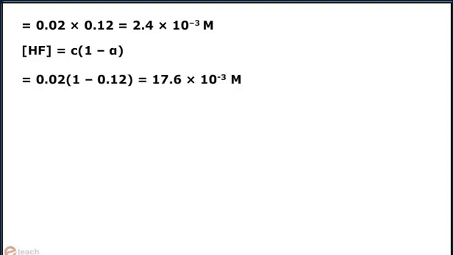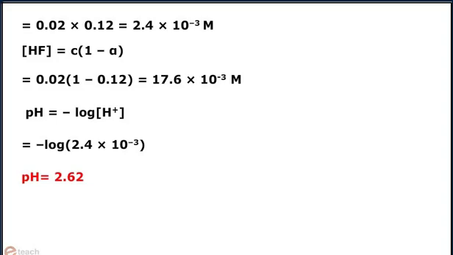On substituting the value of alpha, we get 17.6 times 10 to the power minus 3 molar. Since pH equals minus log of H+ concentration, which is equal to minus log of 2.4 times 10 to the power minus 3, which on simplifying gives pH equals 2.62. Hence, we get the answer.